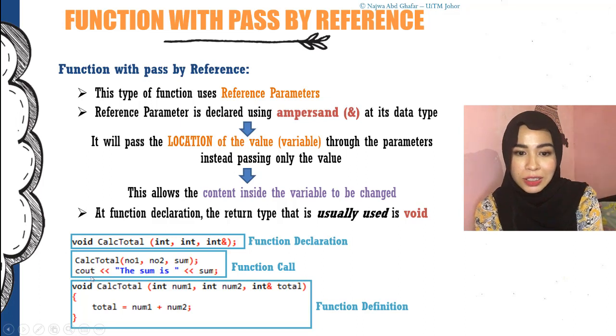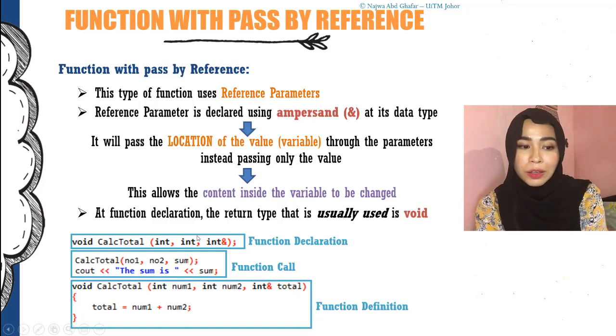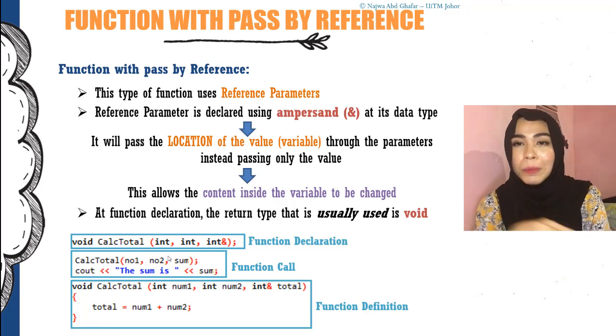If you notice, with this reference parameter we don't have a return value. Why? Because the answer that we calculate for this total will automatically be updated inside total. So whenever we call this function, if we calculate the total, it will automatically update here. Once the data has been stored, the parameter inside the function call will also be updated as well, because it is linked.